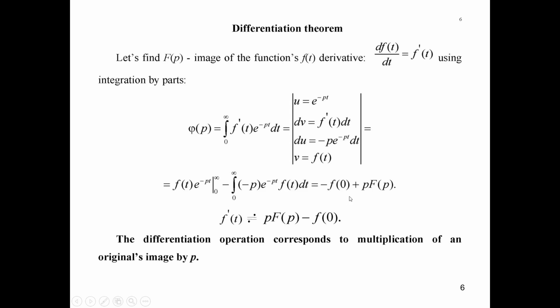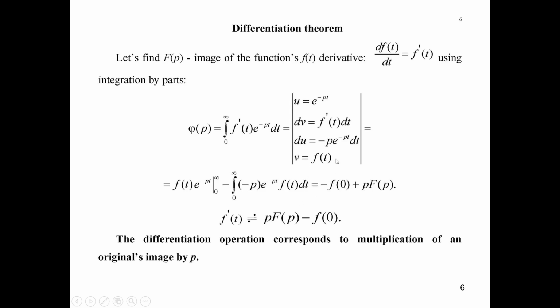Okay, so let's write down that this u multiplied by dv will be equal to u multiplied by v, it's e to the minus pt degree, multiplied by f from t. f, you see, is just the function whose derivative, the image of which derivative, we would like to get. So it will be this product u multiplied by v minus v by du here, by the rule of taking the derivative by parts.